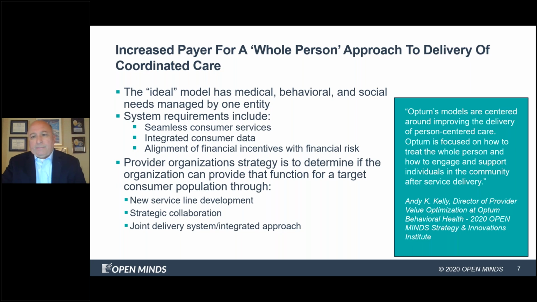Andy Kelly talked a lot about this at our institute last year, sharing that Optum, as well as many of the other plans, are really focused on the whole person care approach as a way to provide higher quality care to members and reducing the cost.